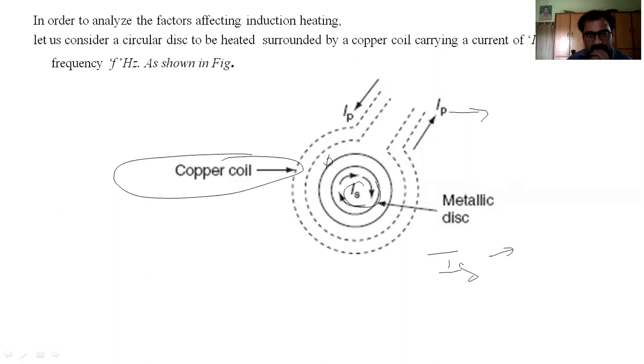The disk we have considered has a finite diameter. In this figure you just see it as a circle, but the disk is like this, having a finite diameter.